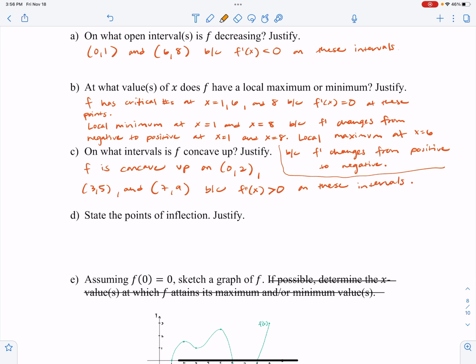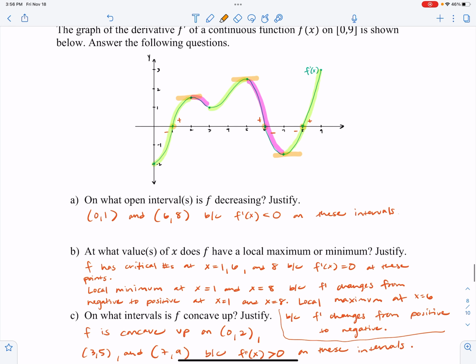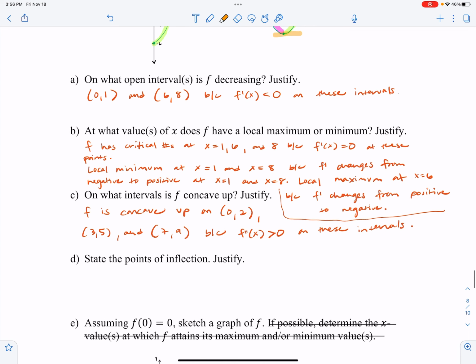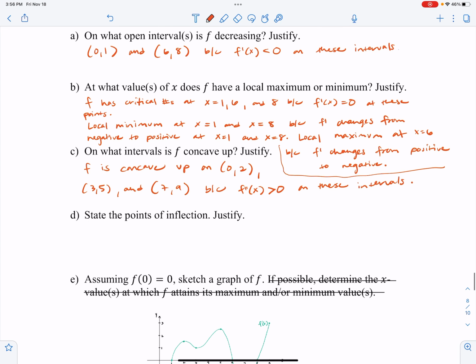So we probably should indicate what the possible points of inflection are. So where f double prime would be 0, those are the possible points of inflection.